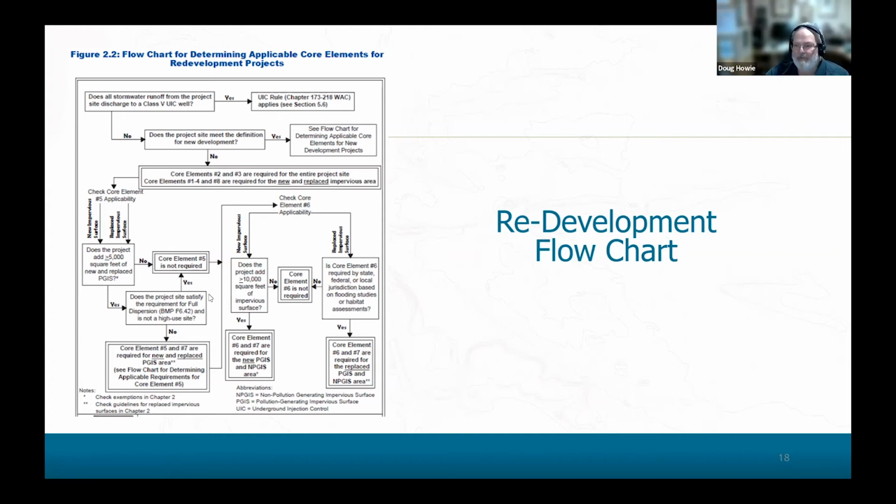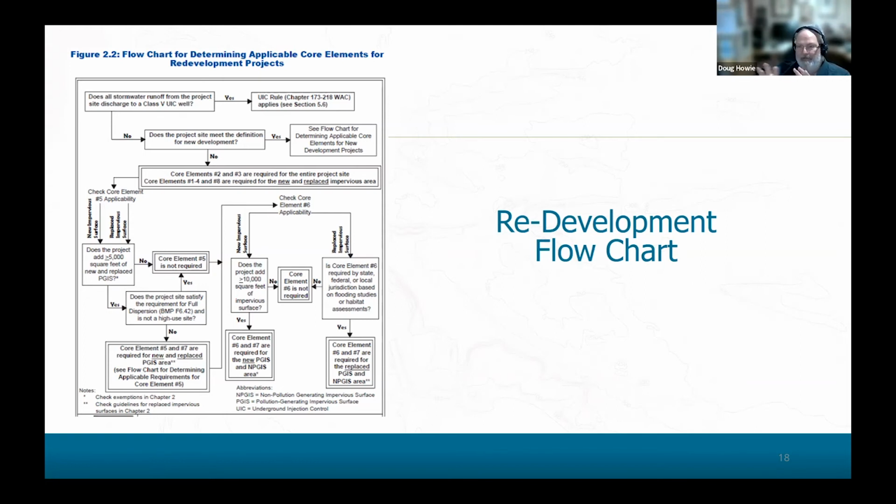And we have the same kind of breakout over here for new and replaced, only that the new impervious surface has the secondary threshold. Specifically, the replaced impervious surface only has to do flow control if required by some other jurisdictions or the state or federal.